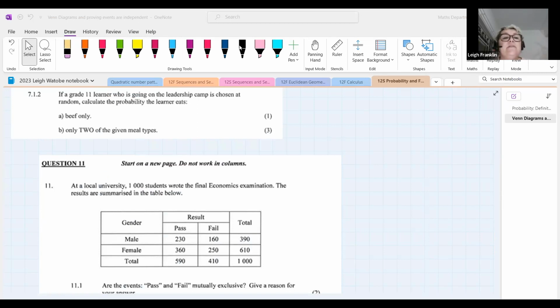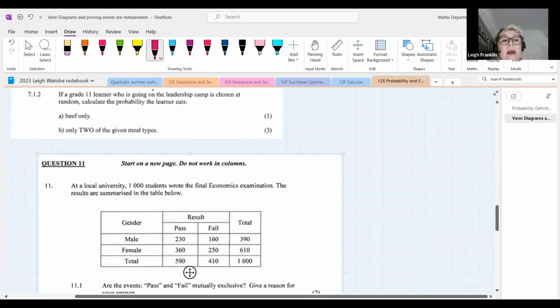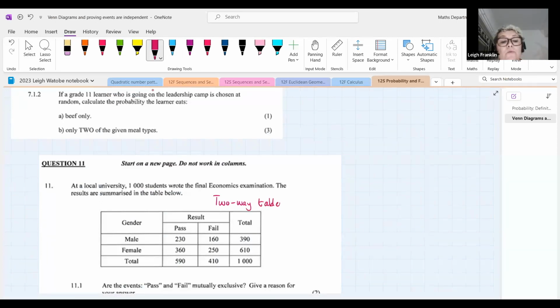Tables like this are referred to as two-way tables. And we sometimes also refer to them as contingency tables. Although I don't really know why we use the word contingency. To me, the word two-way makes so much more sense.